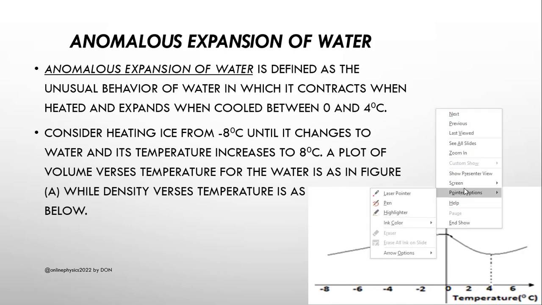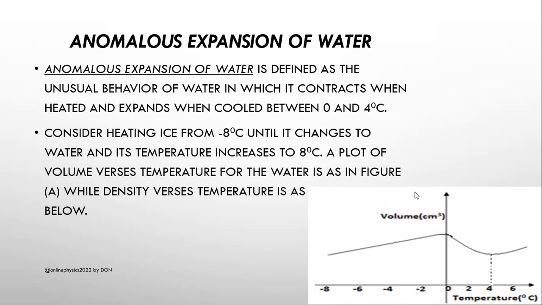So we are having the volume from this point here decreasing as we are increasing the temperature up to 4 degrees, where again the volume starts to increase. So that is the graph for volume against temperature.